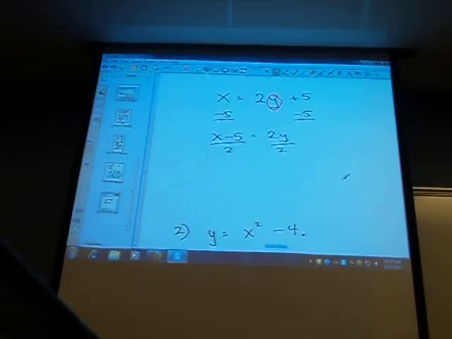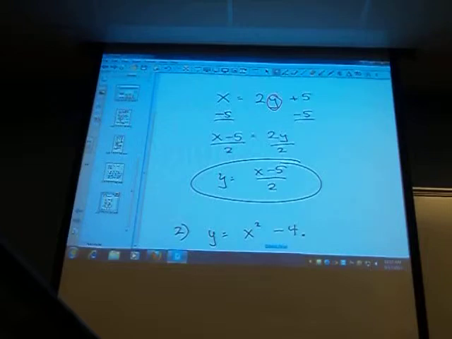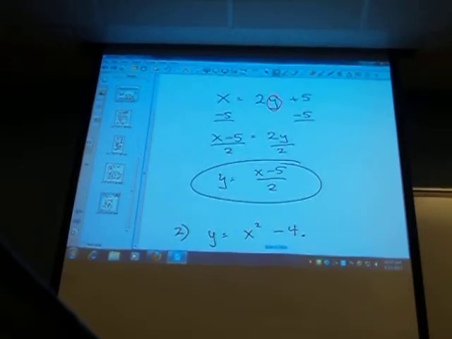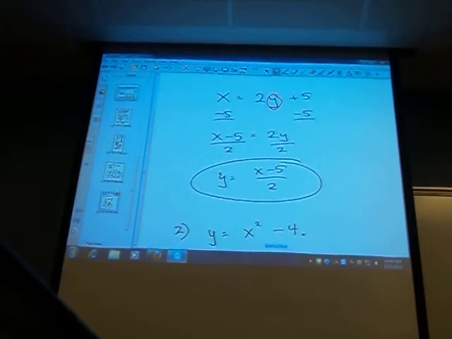Okay, so my inverse would be x minus 5 over 2. That is the inverse. Don't solve the first equation.